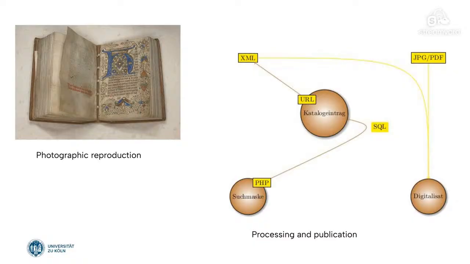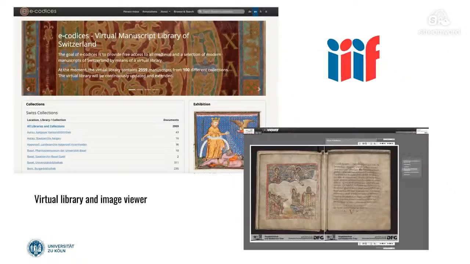And then we have some code, and we can use a search facet to access both the catalog entry and the digital book. And usually this happens with an interface that also contains a viewer that allows us to view the book in a double-sided or single-sided view. And we also have new technologies like IIIF that also allow us to import manuscripts from other virtual libraries. But I will get back to this later.